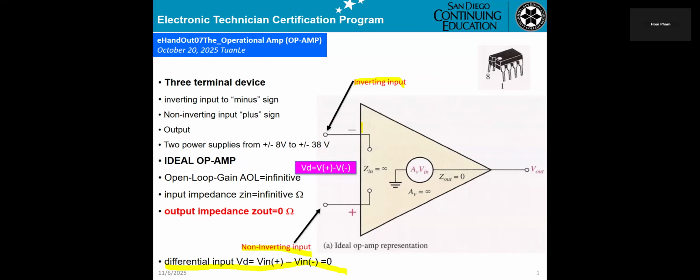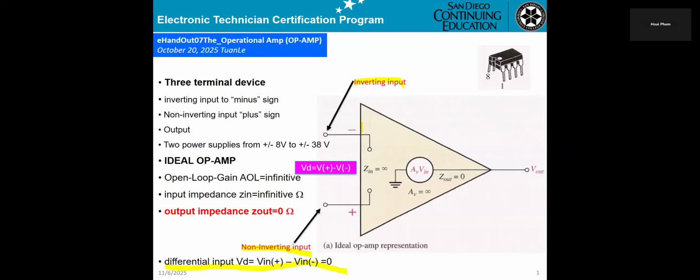Differential input VD equals V at positive minus V at negative equals 0. That only tells you V at input positive will be equal to V at input negative.